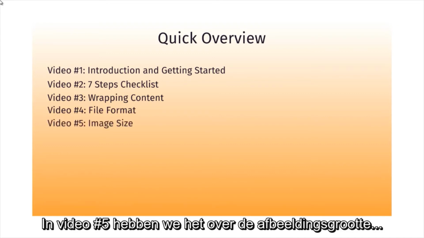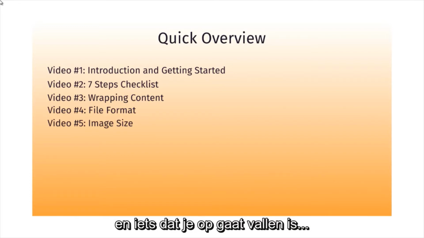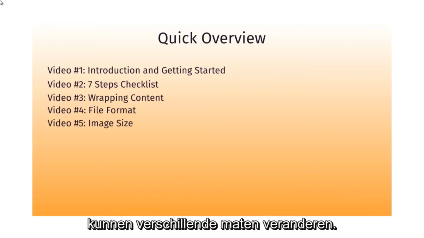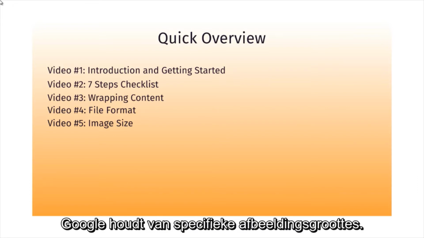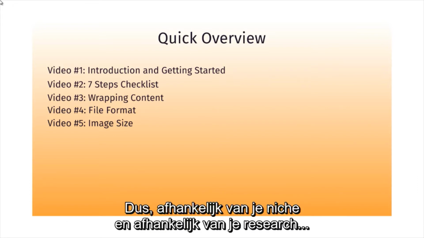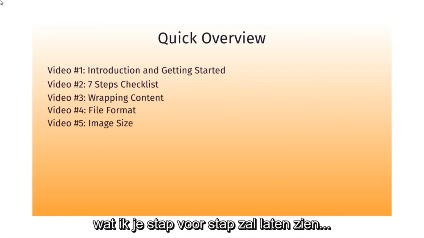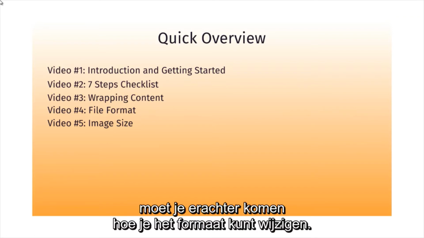Video number 5, we'll talk about image size. Something you're going to notice is that, depending on the niche, different sizes can change, and you may notice that Google likes specific image sizes. Depending on your niche and your research, which I'll show you step by step, you're going to need to figure out how to resize them.